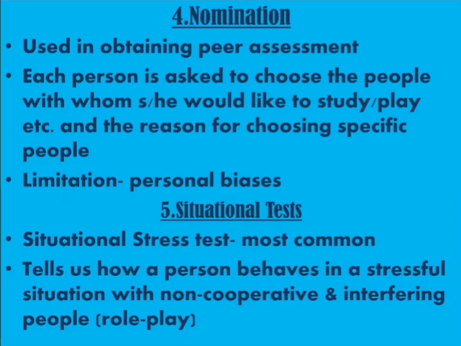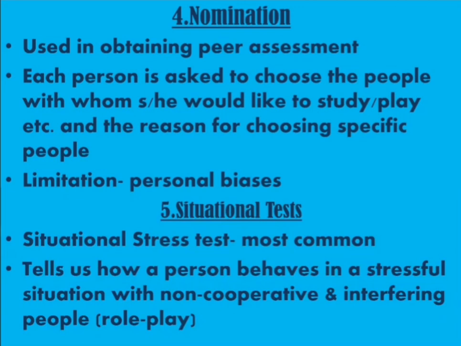Moving on, nominations. Now this method is often used for obtaining peer assessment. So what happens in this is that we ask people to tell us the person that they want to play with, that they want to work with, that they want to study with, and that they want to do some other activity with.